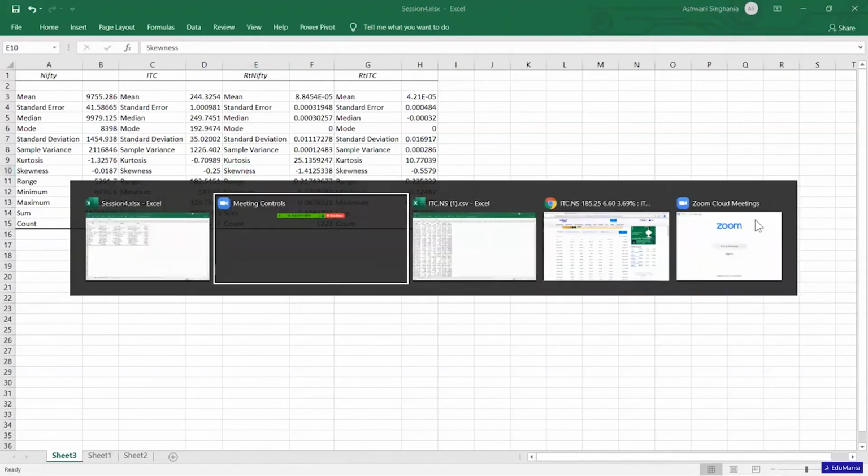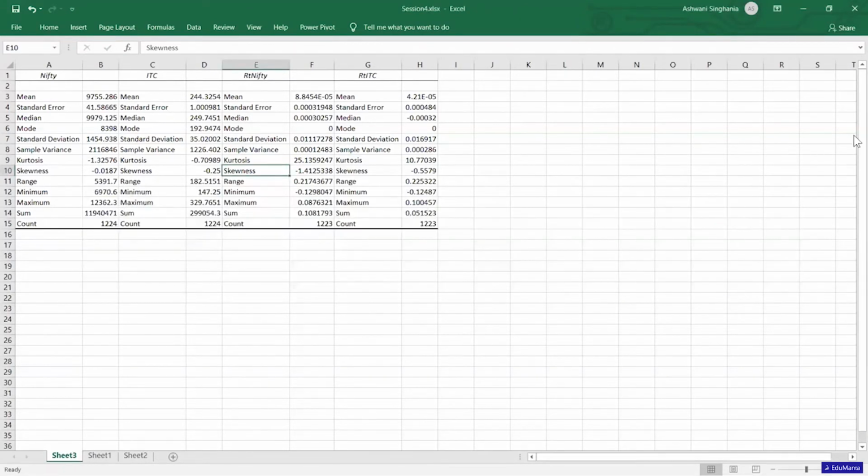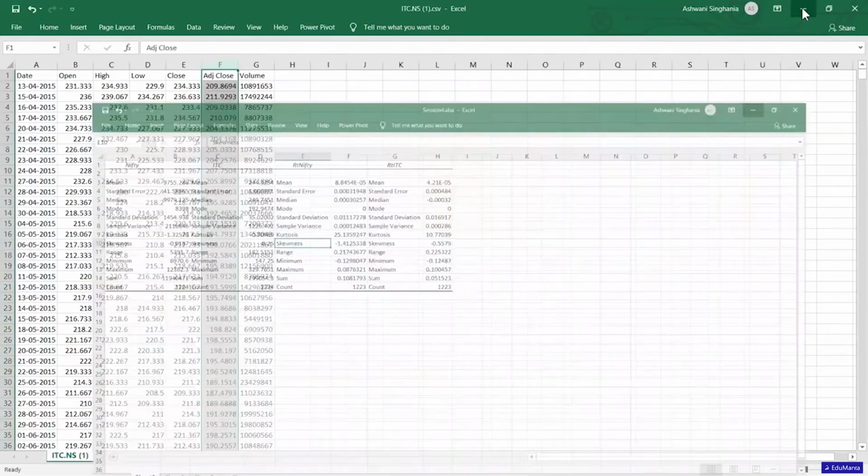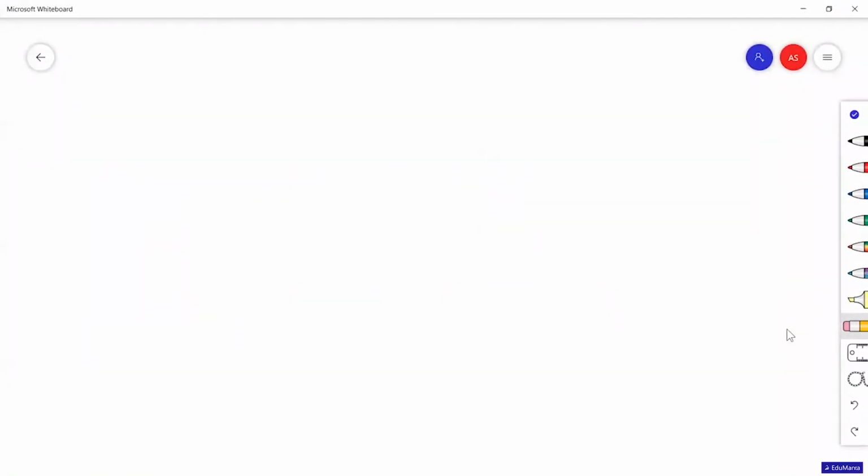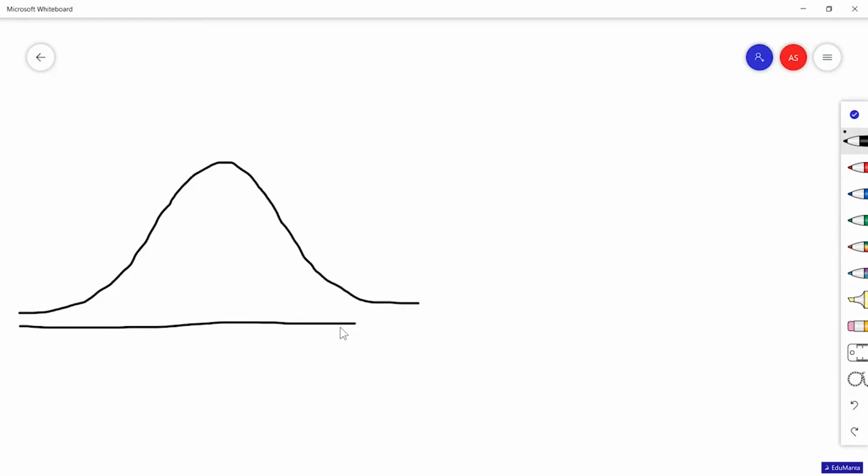So I'm quickly going to explain what those two things are, but not in detail. There's a term called normally distributed data. In statistics we assume that data are normally distributed, which looks something like this, a bell-shaped curve. On this side is frequency, and this is the actual data point.